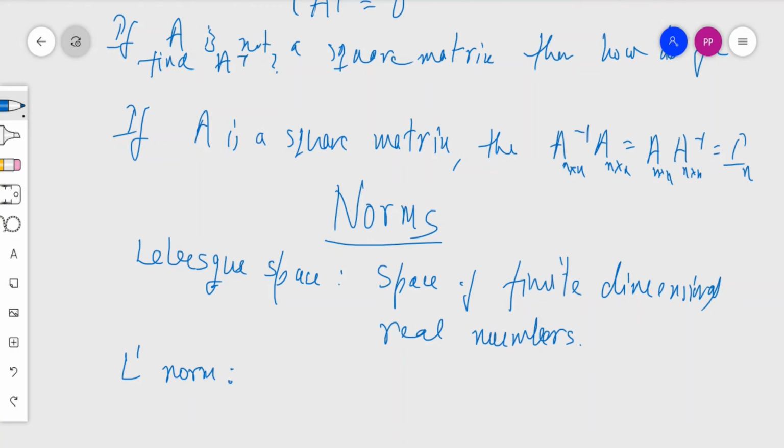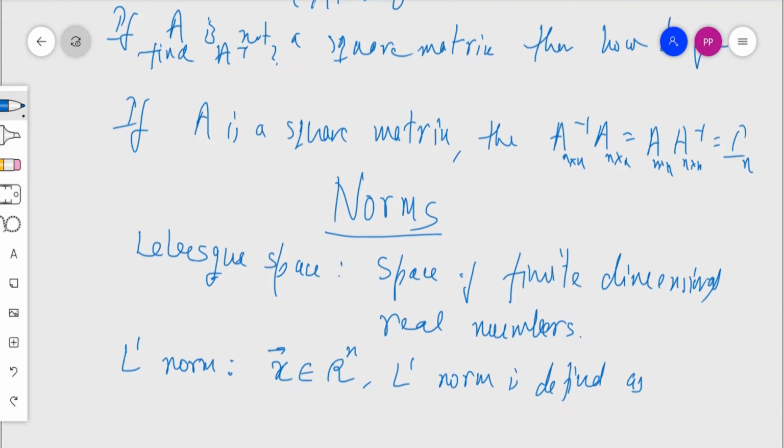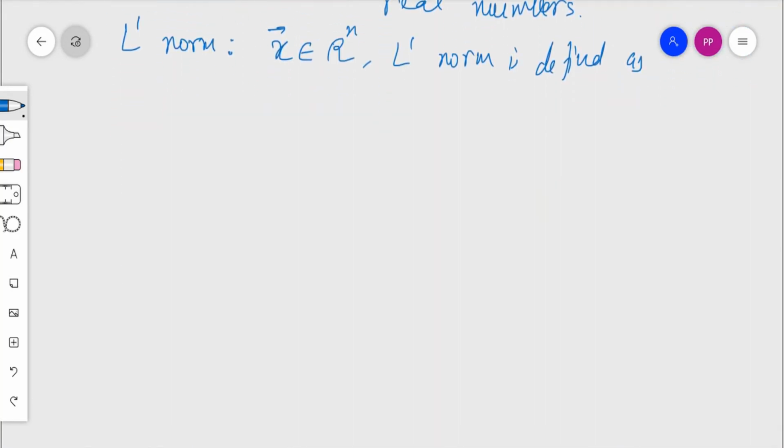If you have been given a vector x from the n-dimensional space of real numbers with n elements, then the L1 norm is defined as, there is a special representation for norm.